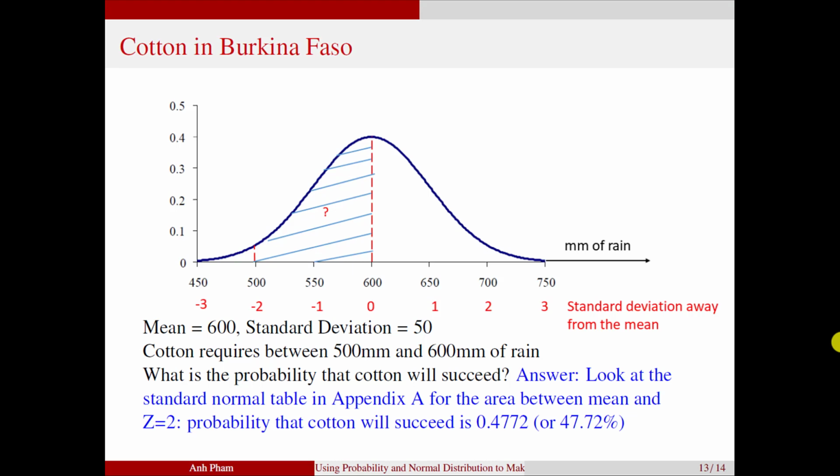To find out what this area is, we will look at the standard normal distribution table in Appendix A for the area between mean and z, and in this case, the z-score is equal to 2.